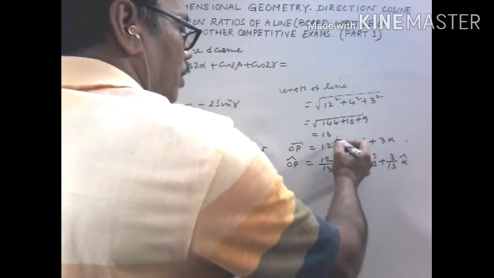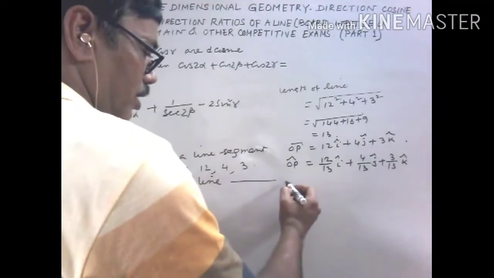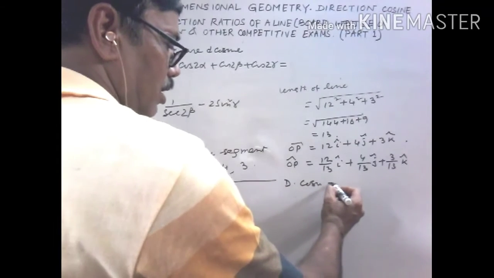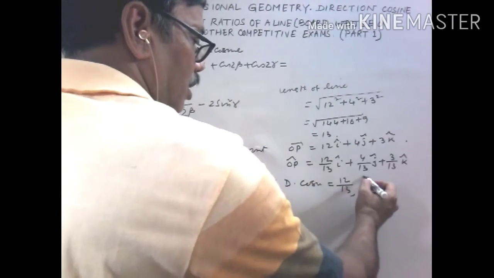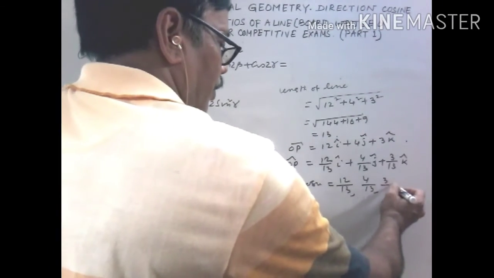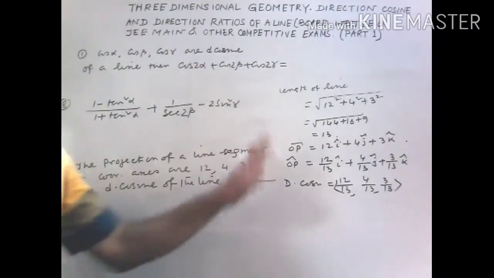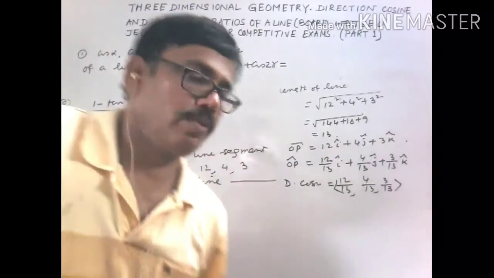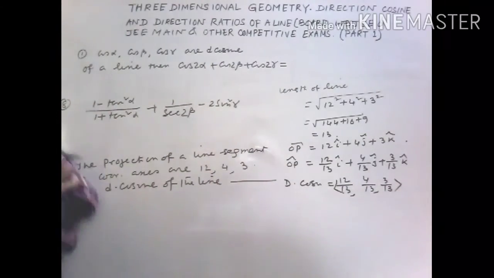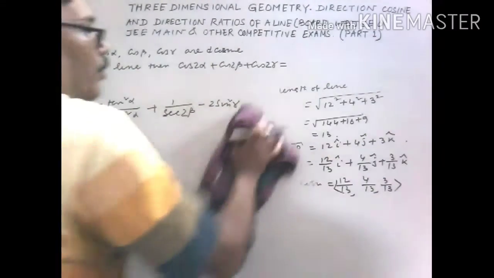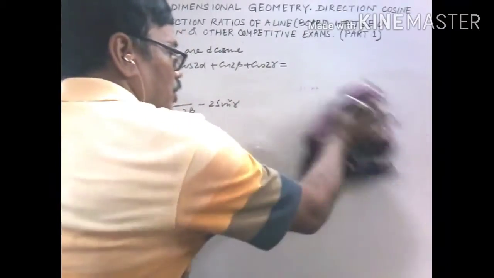It is obviously the unit vector along x, y and z, and so the direction cosines are 12 by 13, 4 by 13, 3 by 13. So this is the direction cosines of the line. So very simple problems.